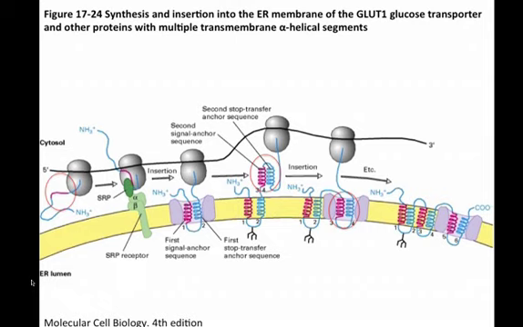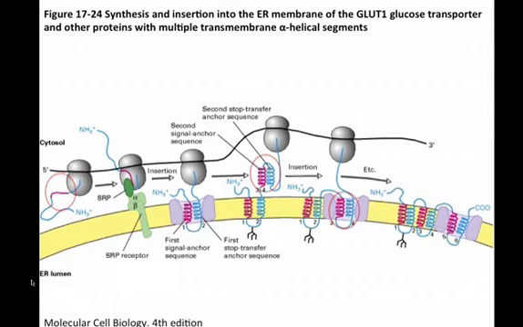So you've got translation, here's your amino terminus, and then there's your signal sequence. Your SRP recognizes it, brings it to the SRP receptor, it goes in, it's recognized, and it's actually acting also as an anchor sequence or a stop transfer sequence, or I guess in this case it could be a start transfer sequence. And then you have another one, and so this is this multi-pass transmembrane protein.